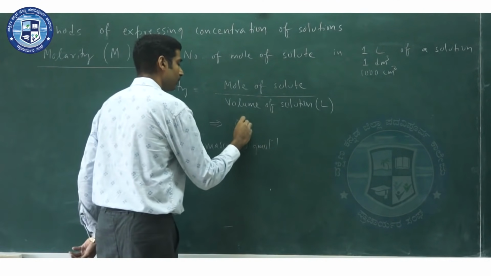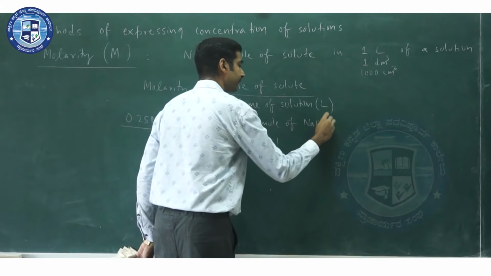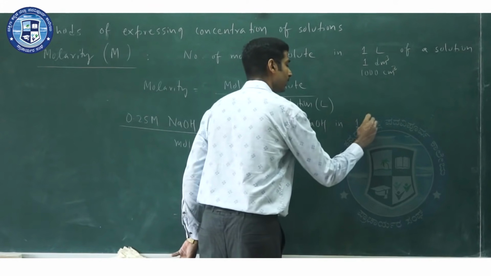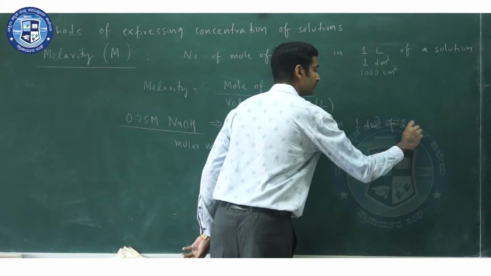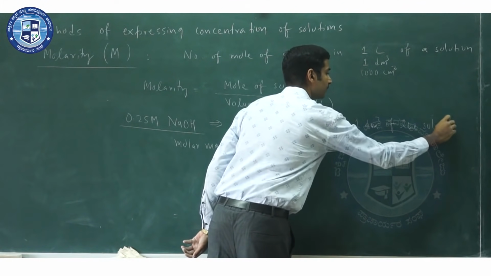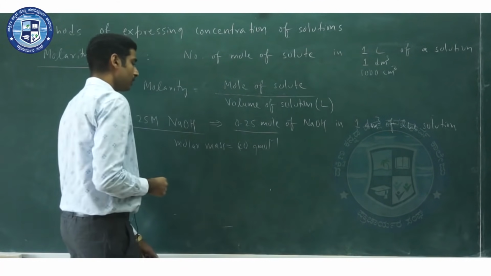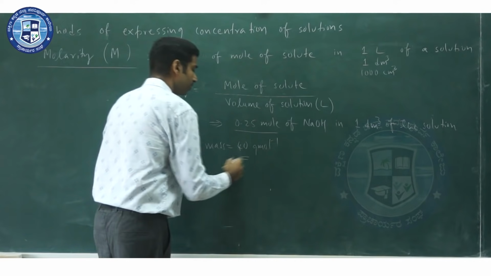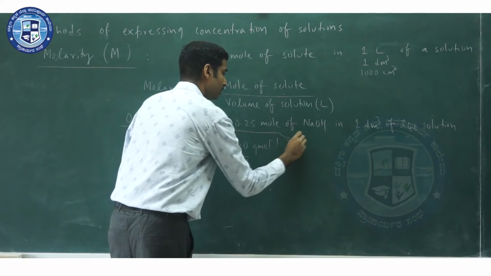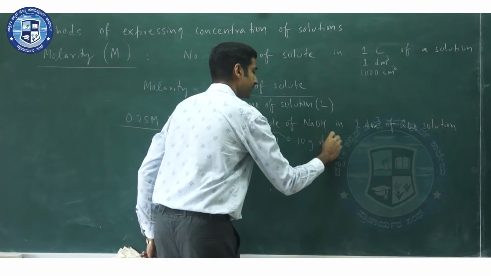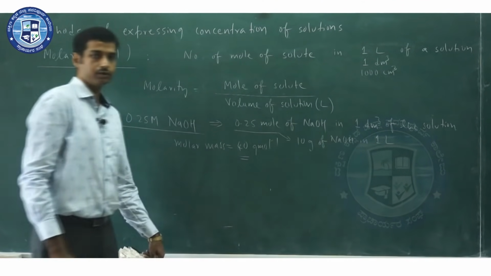It implies that 0.25 mole of sodium hydroxide is dissolved in 1 dm cube of the sodium hydroxide solution. How much is 0.25 mole? 1 mole is equivalent to 40 gram, and therefore 1/4 of 40 gram, which is 10 gram of sodium hydroxide, is dissolved in 1 liter of the solution.